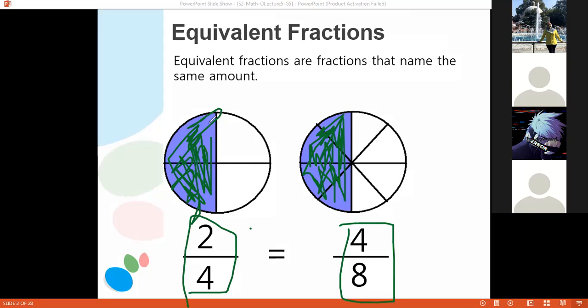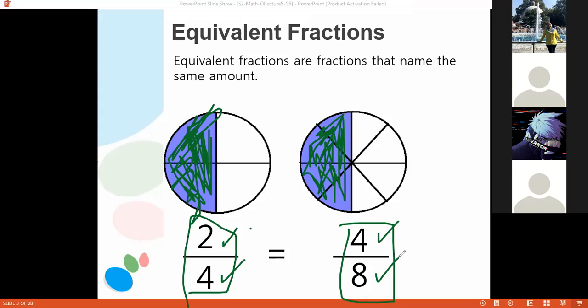When they show the same amount. If we look at the numerator, here we have 2 and here we have 4. Do I have the same numerator? No. If you look at the denominators, here I have 4 and here I have 8. Do I have the same denominator? No.